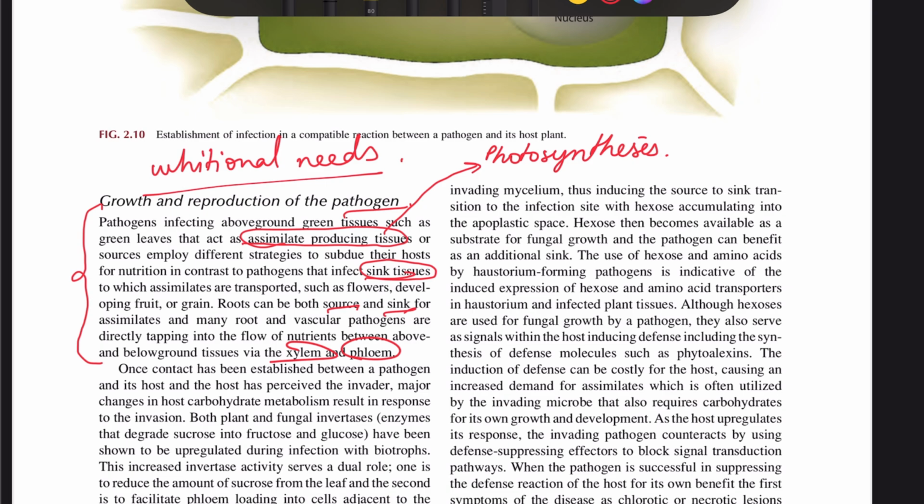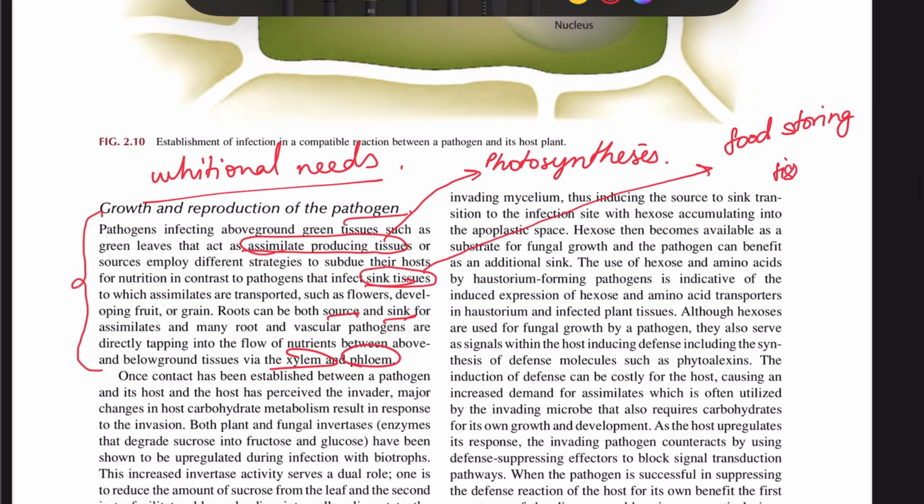Now, the sink tissues, they are the food storing tissues. So the assimilate producing tissues prepare food, and the sink tissues store food.